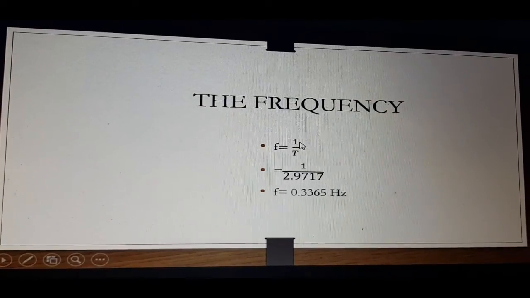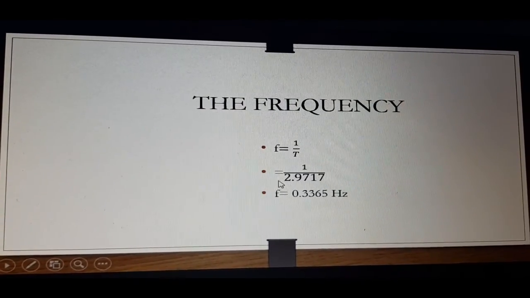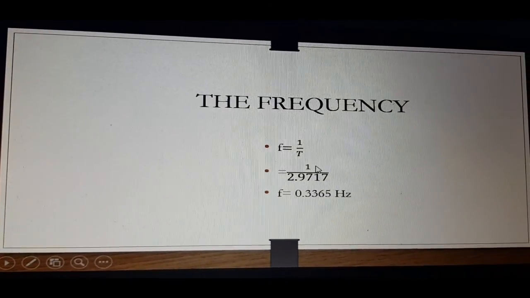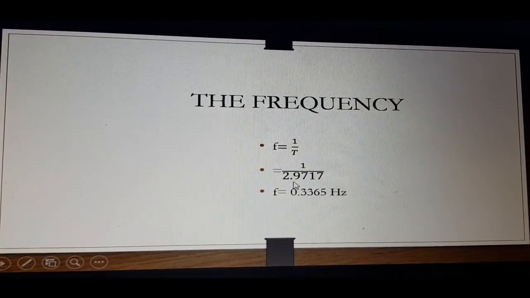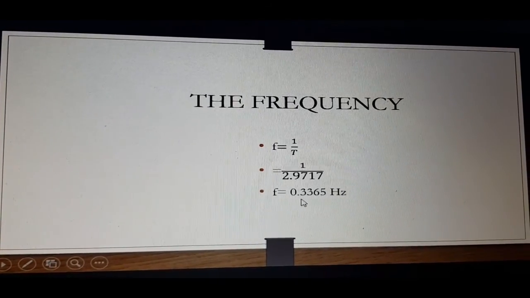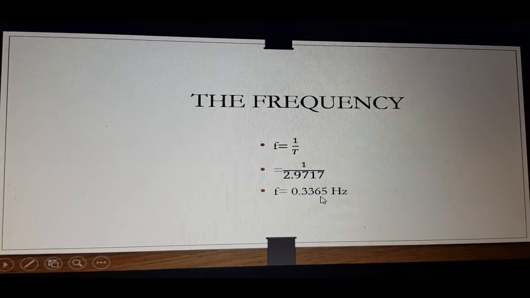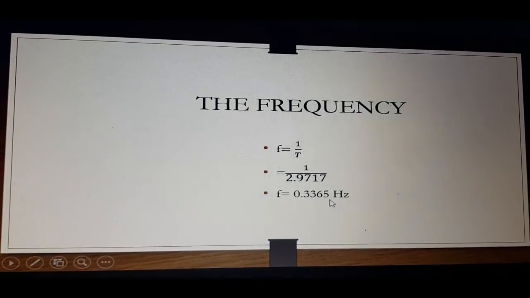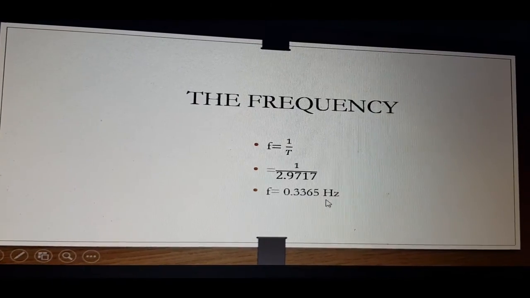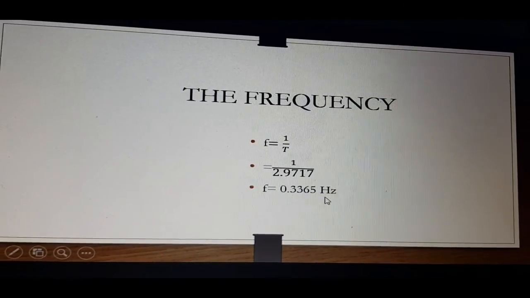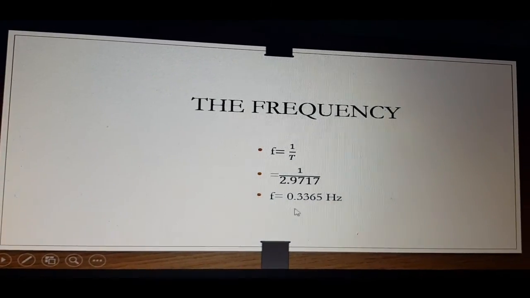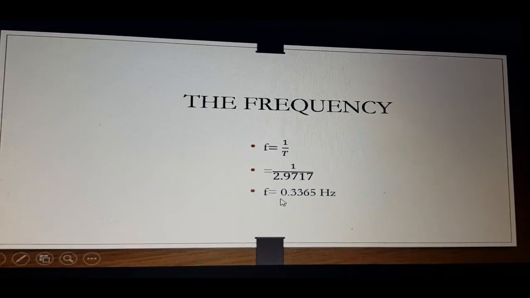Because our formula says 1 all over T. So when we divide 1 all over 2.9717, it will give us 0.3365 hertz. I have told you earlier that the SI unit of frequency is hertz. So this is the total oscillation covered in 1 second.